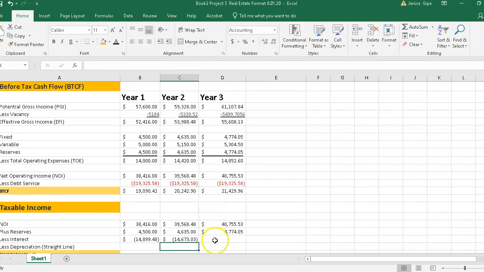As you can see, it goes down because you pay less interest per year. You pay more up front in your first years, and then it slowly decreases because you're paying more on principal.